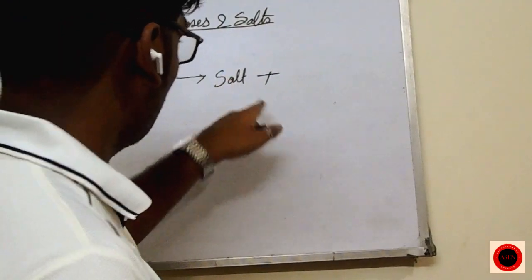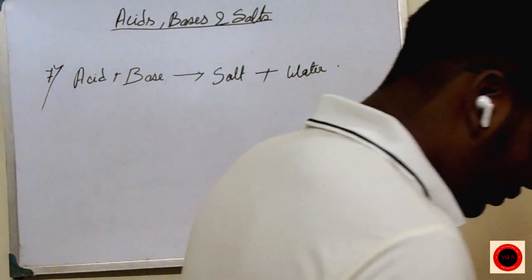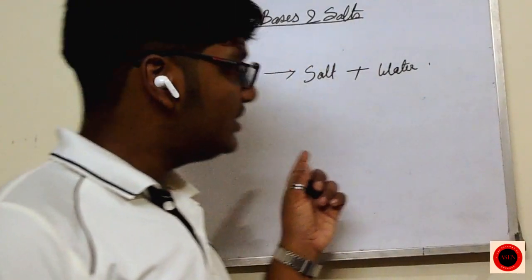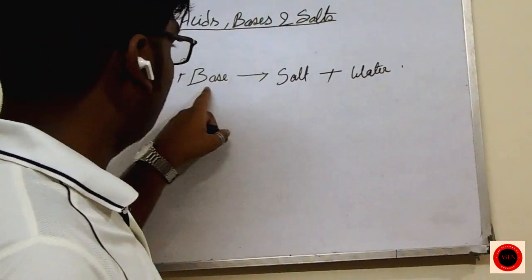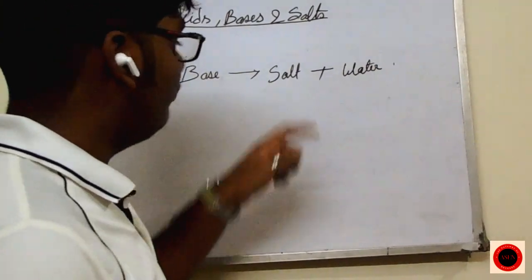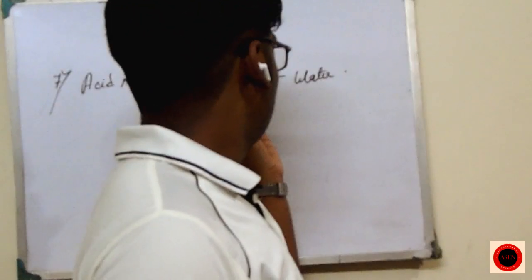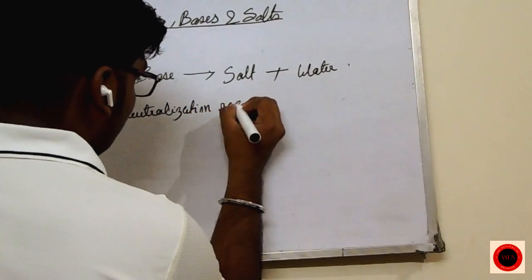Acid plus base equals salt plus water. Okay, and this reaction is known as neutralization reaction, because acid and bases both are involved in the reaction, and the salt which will result will be neutral in nature. Okay, that will be neutral in nature. So it is known as neutralization reaction.